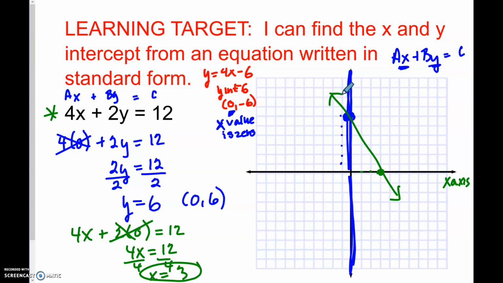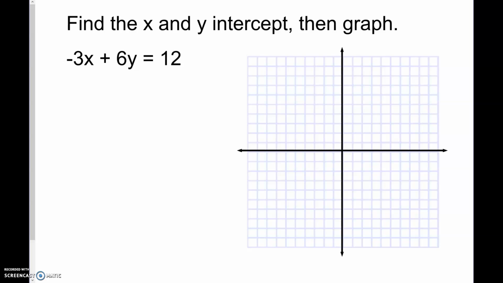All right, let's try another problem here. Find the x-intercept, y-intercept, and the graph. So they're asking us to do 3 things. Okay, so just like we've been finding the y-intercept before, if we're going to find the y-intercept, x is 0.